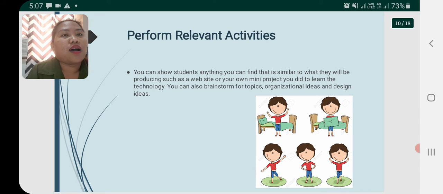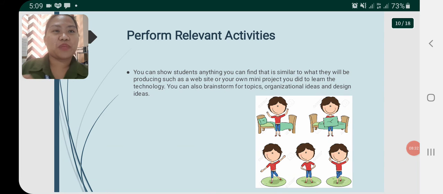So, marami na tayong way para mag-create ng ating project, di ba? So, pwede tayong tumingin sa ibang mga websites kung paano sa maliit na bagay nagkakaroon tayo ng mas maraming organizational designs and ideas.